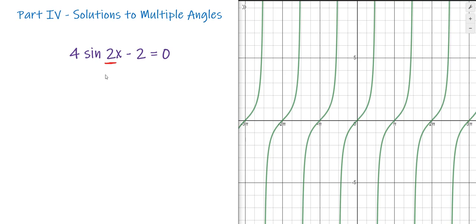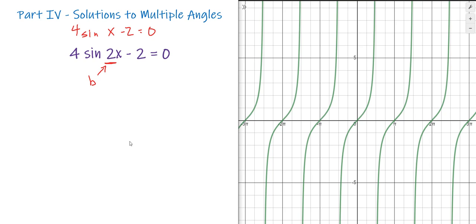Right? Up until now, we had been dealing with equations like 4 sine of x minus 2 equals 0. I'm going to introduce where we can put a b value in. Okay? We can put a coefficient inside in front of that x.